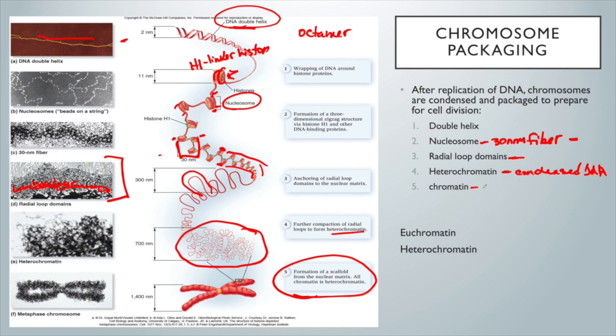So this is our 30 nanometer fiber formed into radial loop domains to create this condensed form of DNA known as heterochromatin. And then when heterochromatin attaches to the nuclear matrix, we have our true chromatin. So this is heterochromatin attached to matrix.